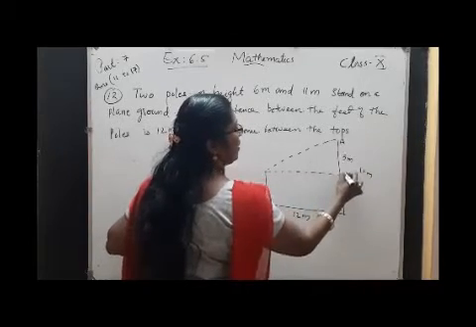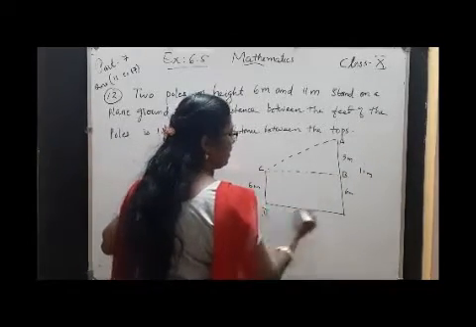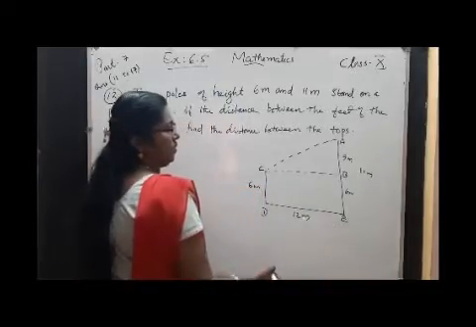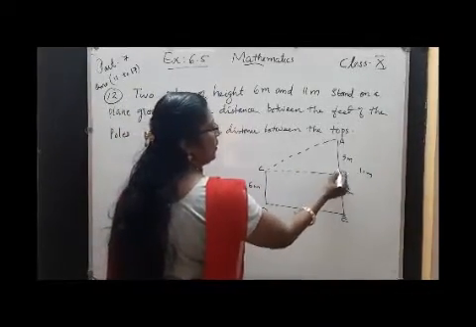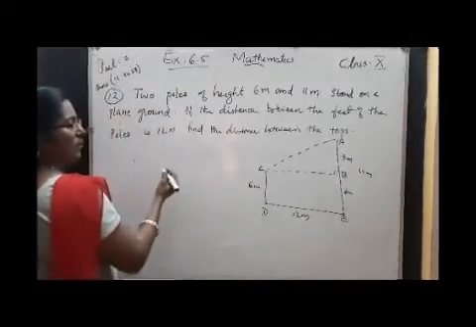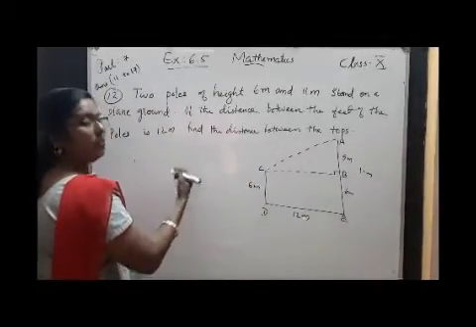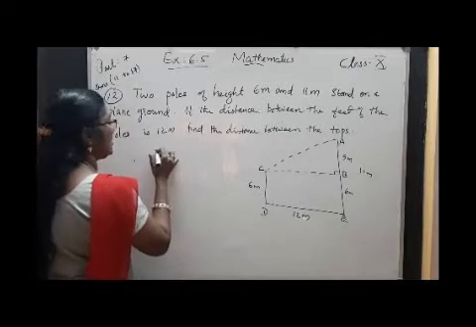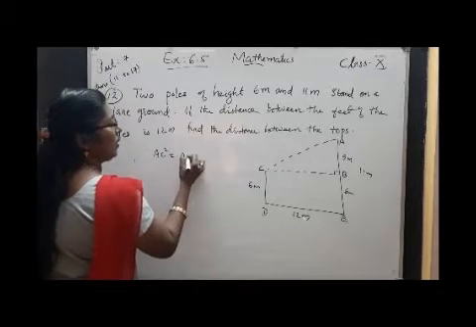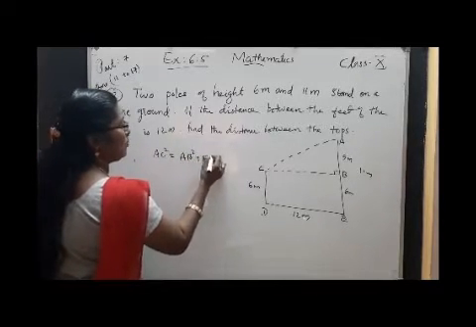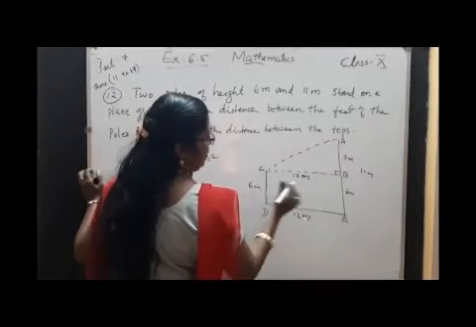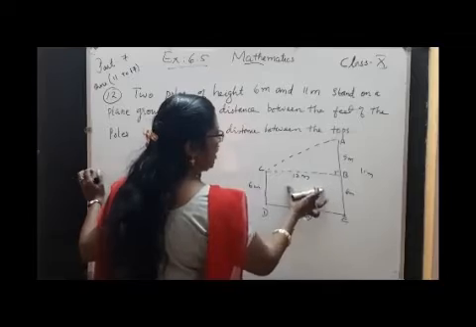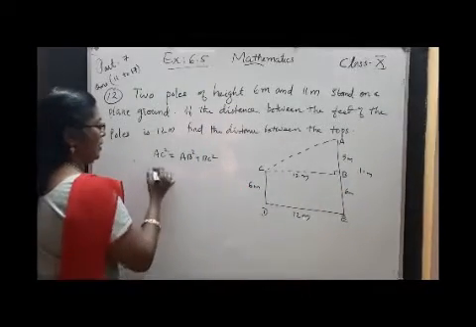Then write A, B, C, D, E. This is 90 degree. In triangle ABC, you can use the Pythagoras theorem. AC square equal to AB square plus BC square. This is 12. This is also 12 meter BC and AB is 5 meter.